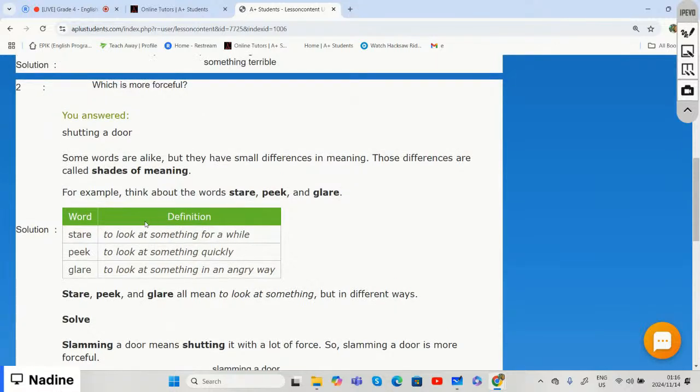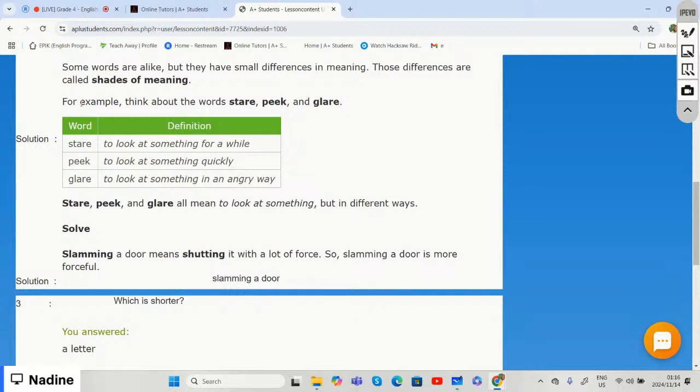And it says which is more forceful. We need to say if slamming the door is more forceful or shutting it with a lot of force is more forceful. Which one is forceful?